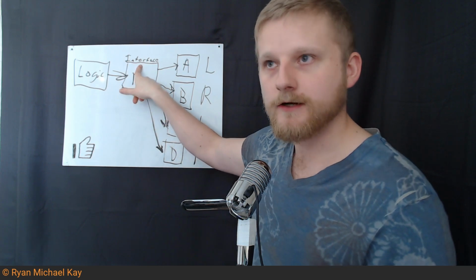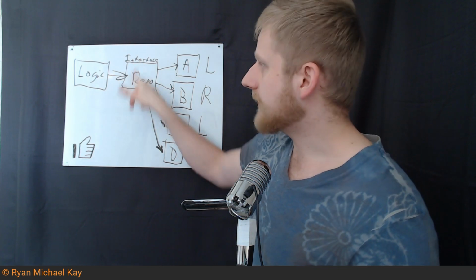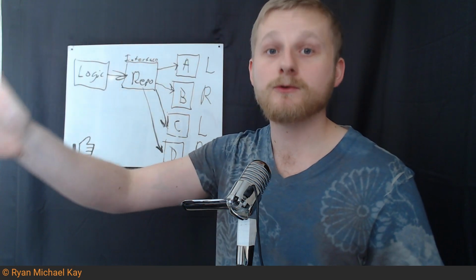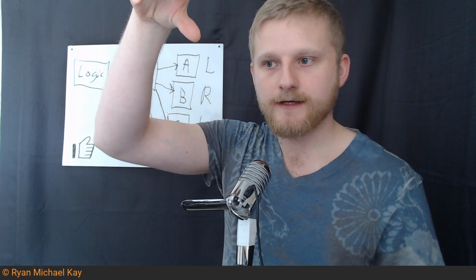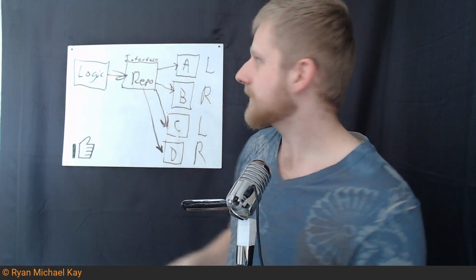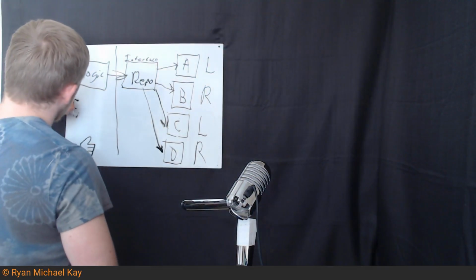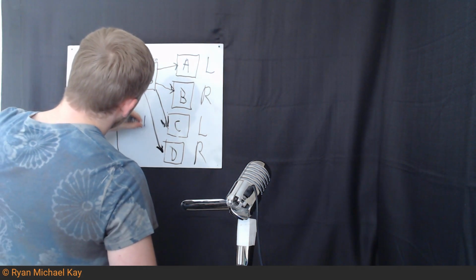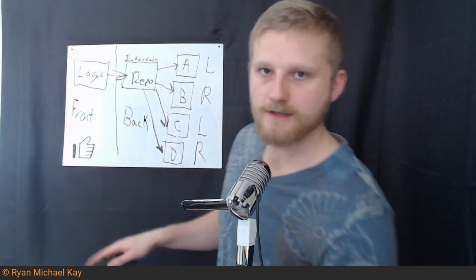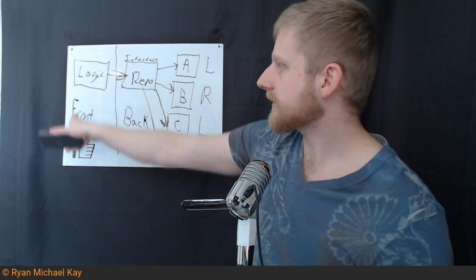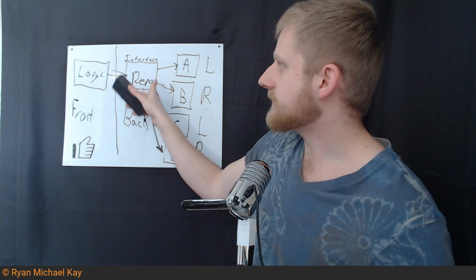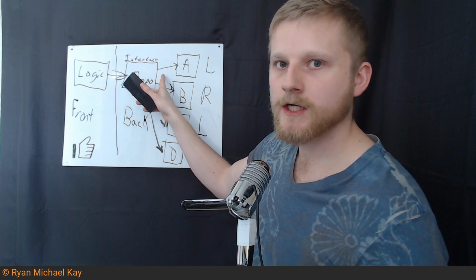So the purpose of the repository pattern, and this is very common when you're talking across architectural boundaries, is that we're going from the front end of the app, if you imagine that this is the front end, model view presenter up here, to the back end of the application.